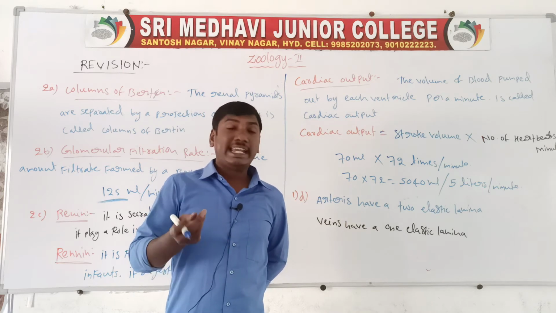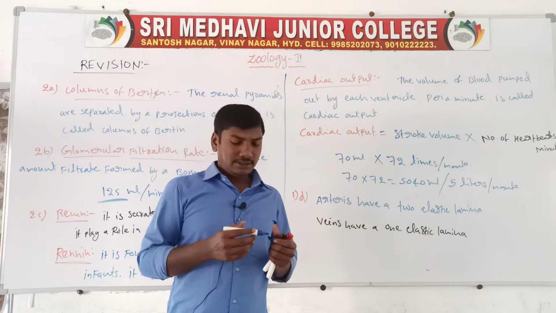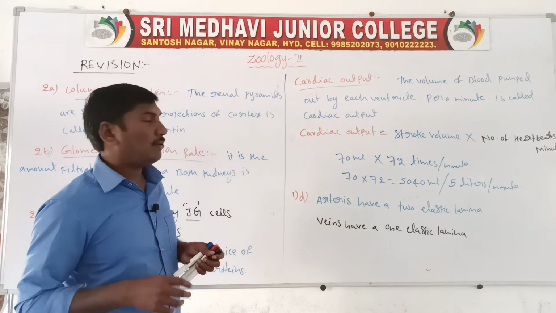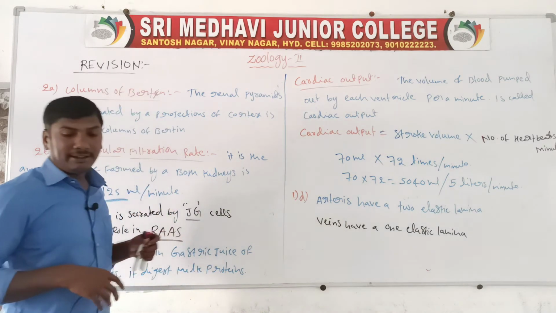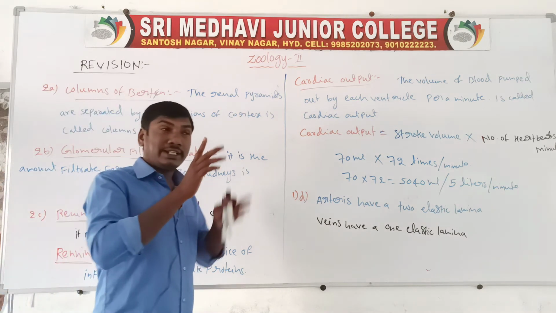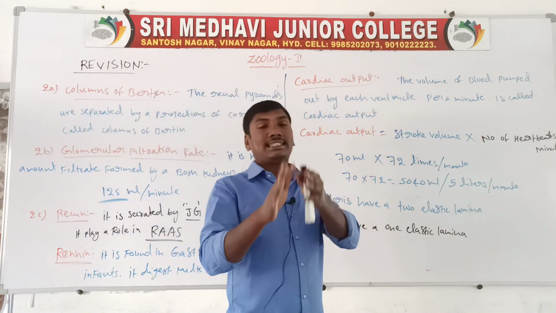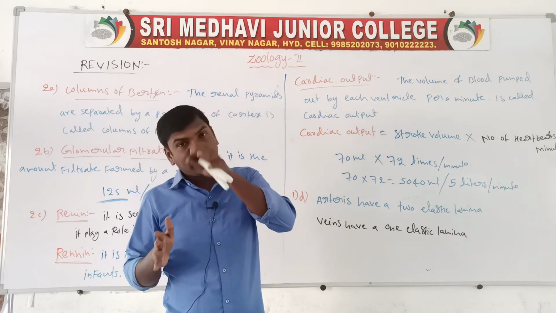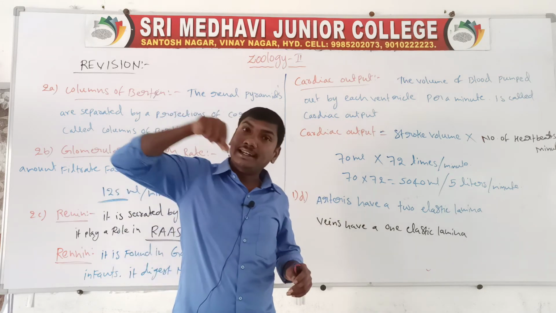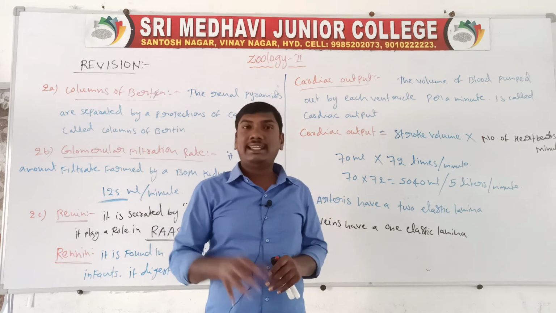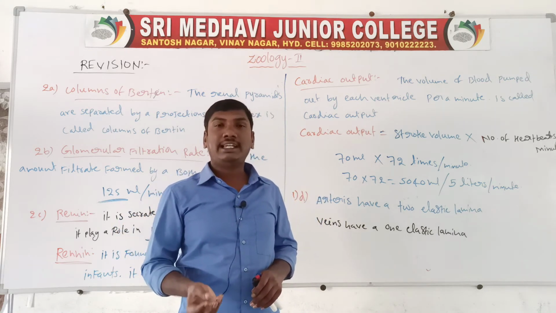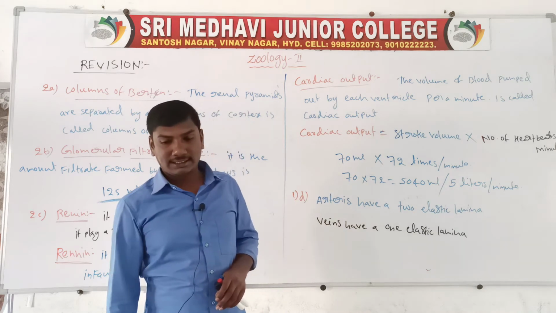So renin is secreted by juxtaglomerular cells and is involved in the renin angiotensin aldosterone system, while rennin is found in the gastric juice of infants and digests proteins.